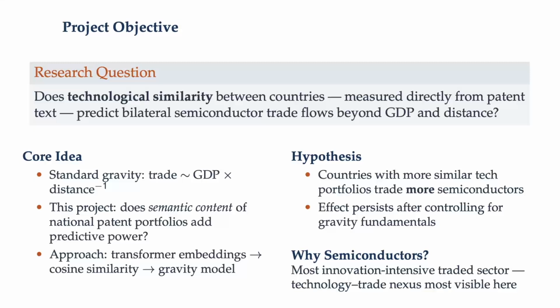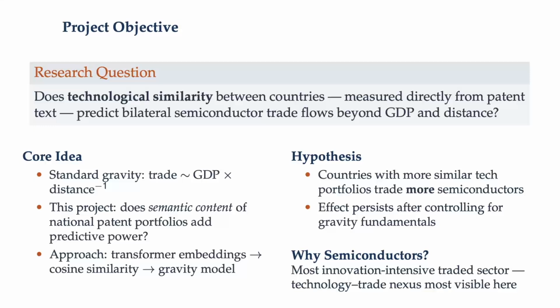So there are other variables we want to add to explain it, variables that affect trade volumes. And by doing so, if it is significant in the regression model, we can suggest some policy. In connection with that gravity model, I try to put in a variable: technological similarity between the countries.